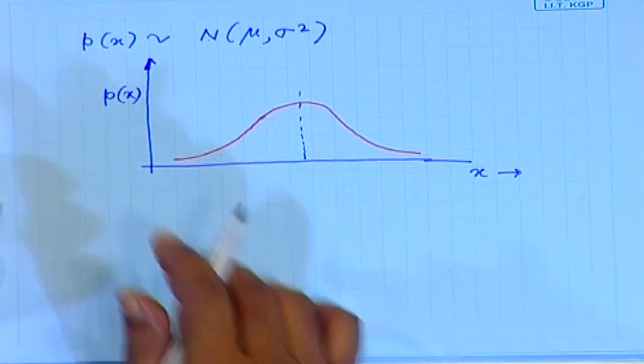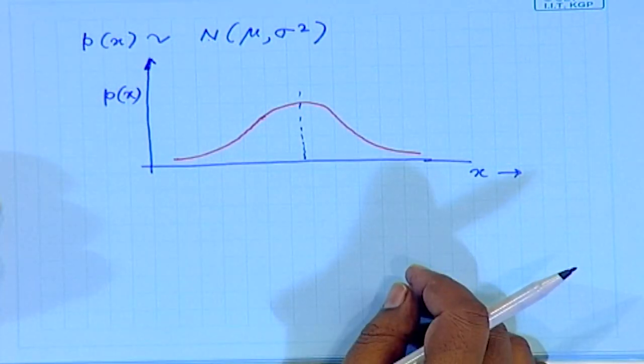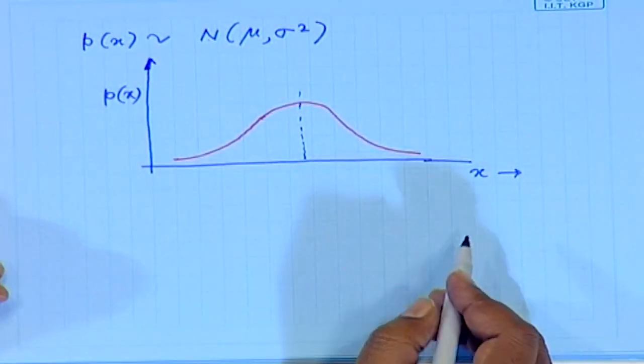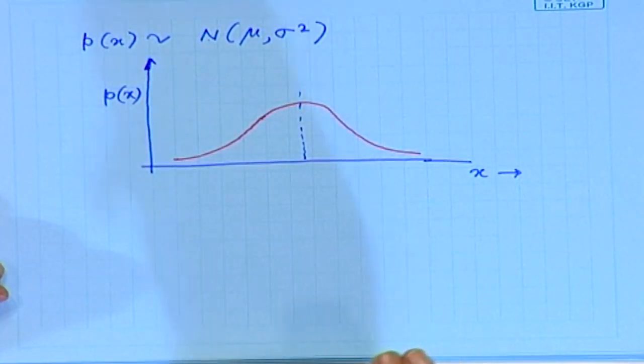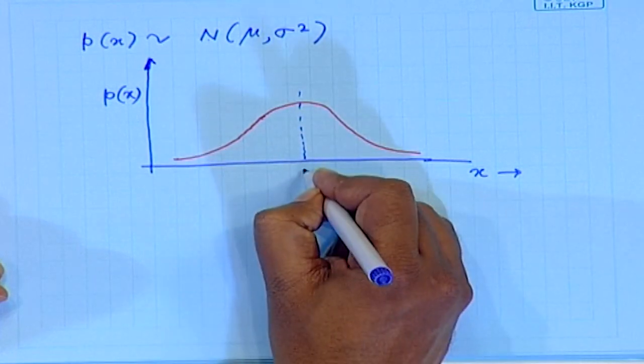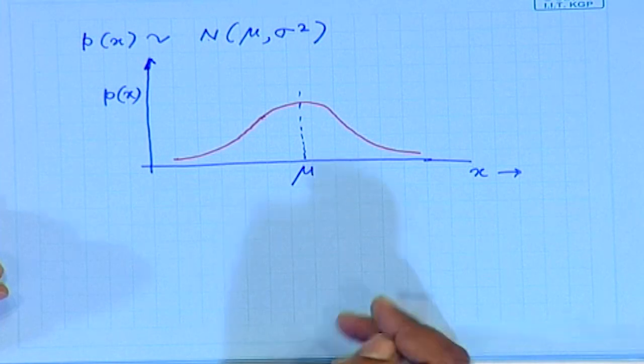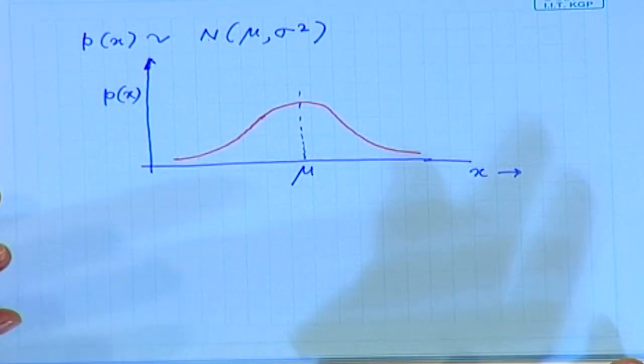When I have this single variable normal density, it tells you that if you take samples from the same population, how those samples are actually distributed. This distribution shows that the maximum of the samples will be around this mean value mu, and the other sample values will be distributed according to this.